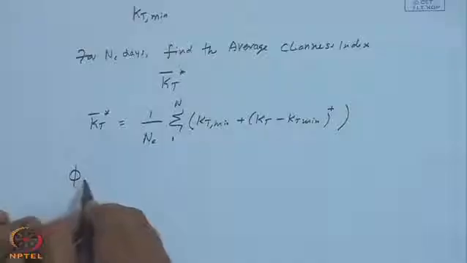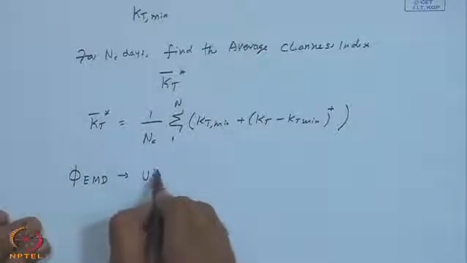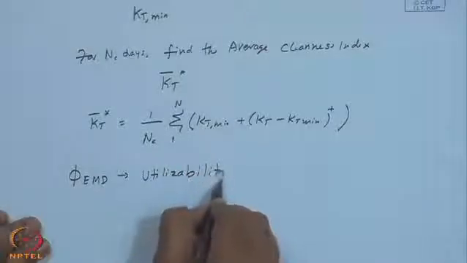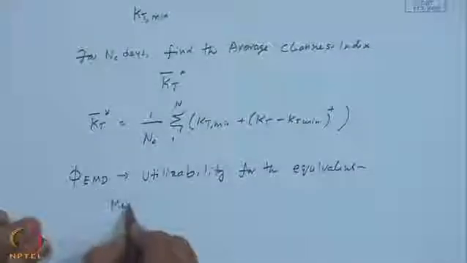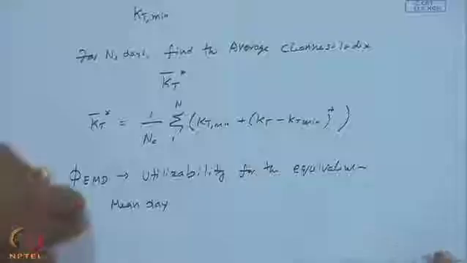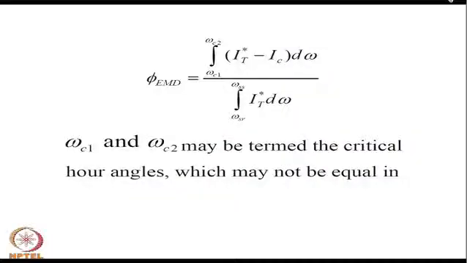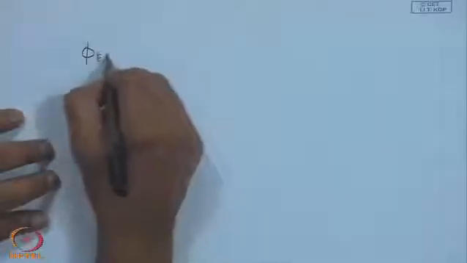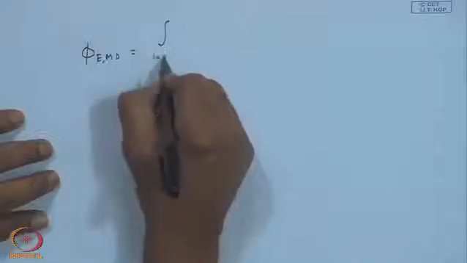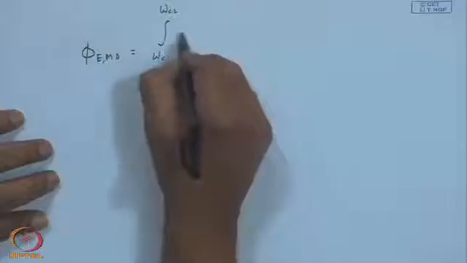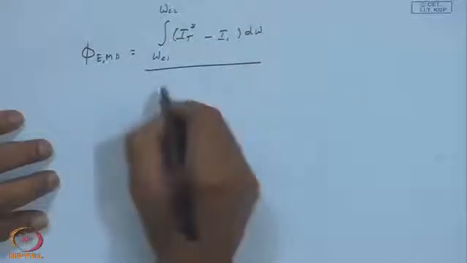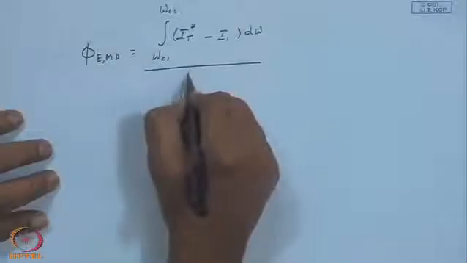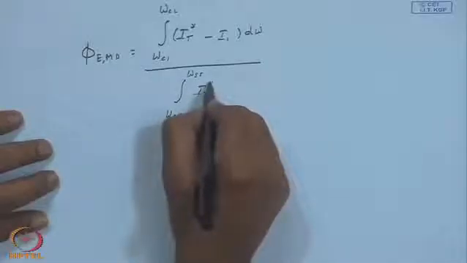So, the phi EMD, the utilizability for the equivalent mean day, one can express, because it is a single day, as the integral from omega C1 to omega C2 of (I t star minus I c) d omega by the integral from apparent sunrise hour angle to apparent sunset hour angle of I t star d omega.